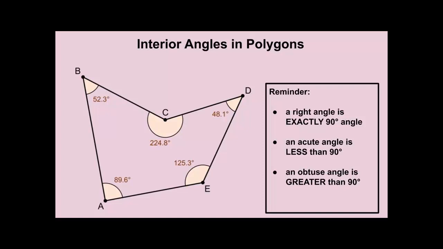You can see that the degrees are listed as 125.3 degrees. This angle is an obtuse angle because the degree measurement is greater than 90 degrees.